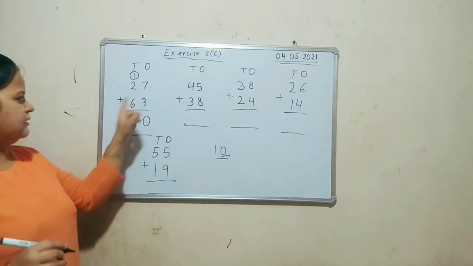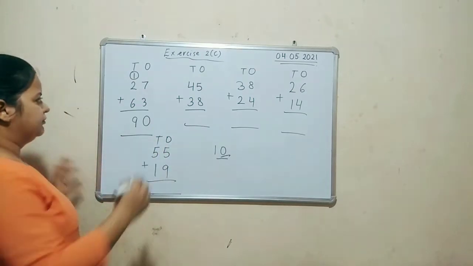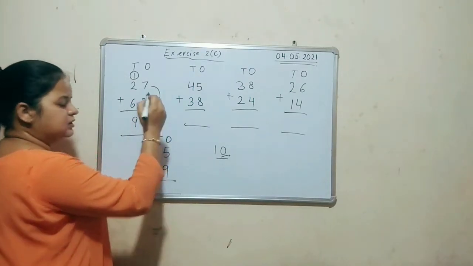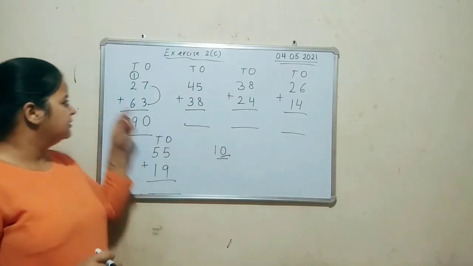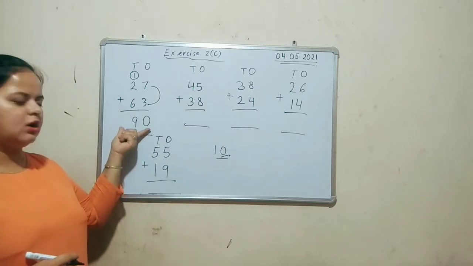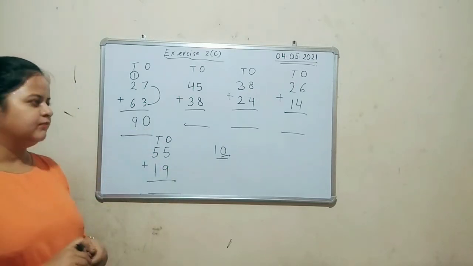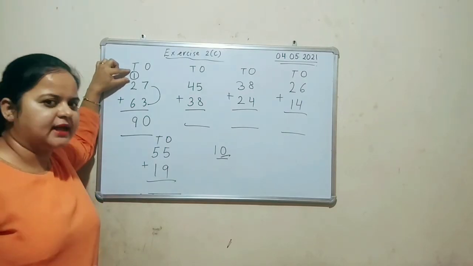So 27 plus 63, the answer is 90. Okay, these are called addends. मैम ने बताया था ना लास्ट वीडियो में. These 2 numbers are called addends and this is called sum. Okay, and this is called carry.